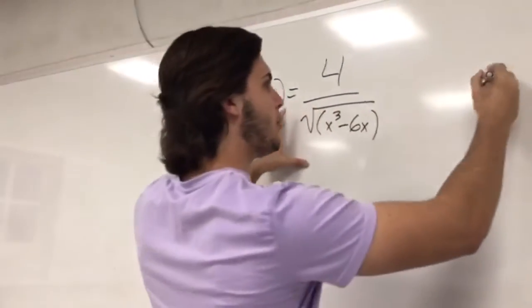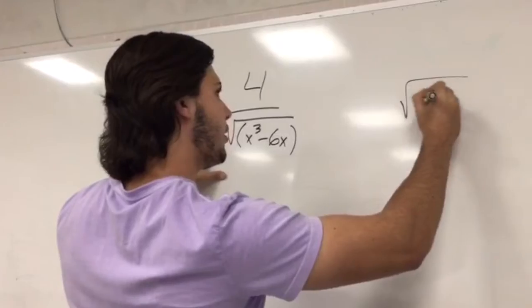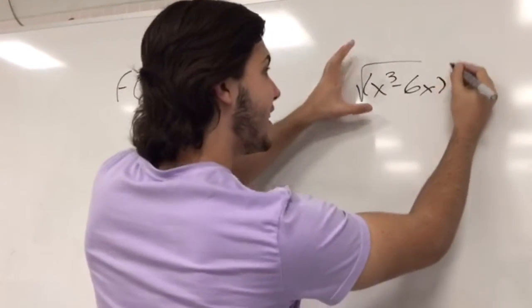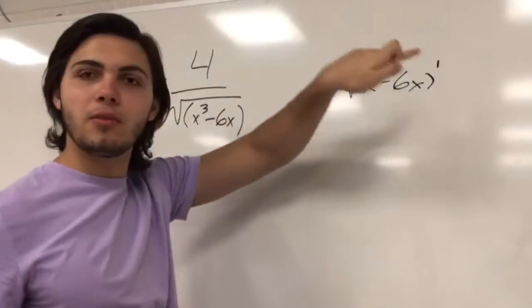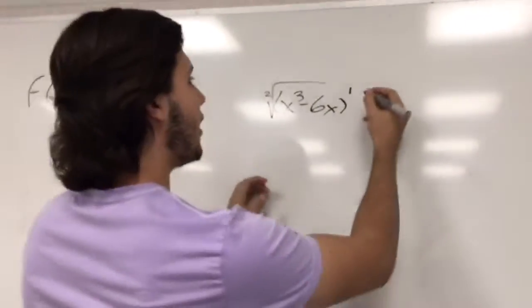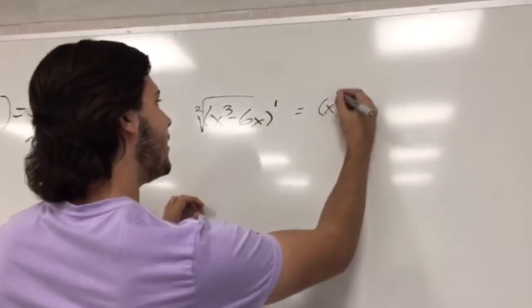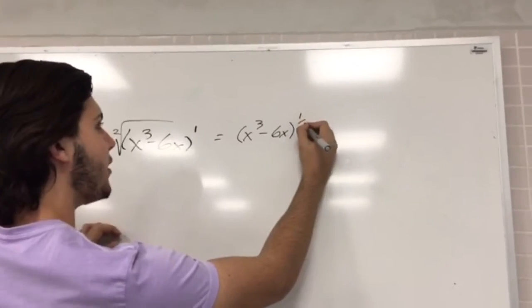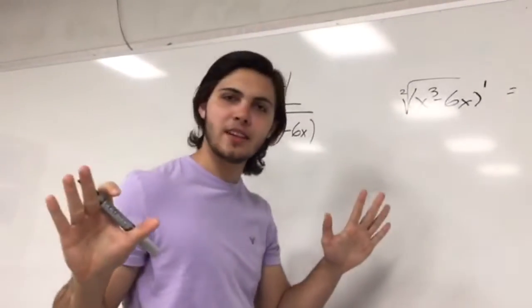So this radical of x cubed minus 6x, this has a power of 1, and this has a value of 2. So this is the same as writing x cubed minus 6x to the 1/2. That is exactly the same.